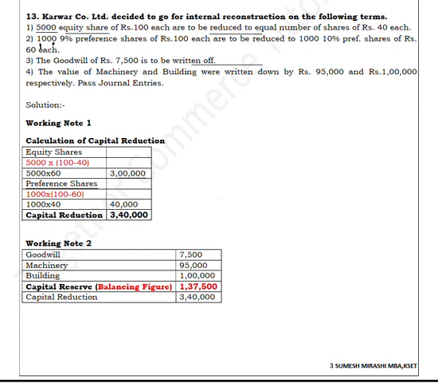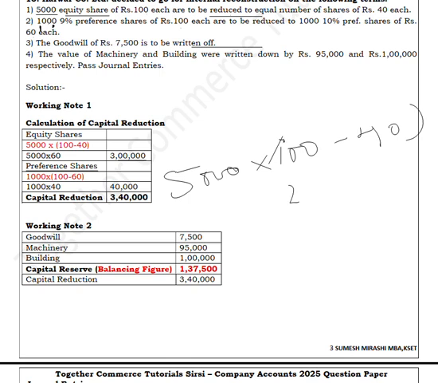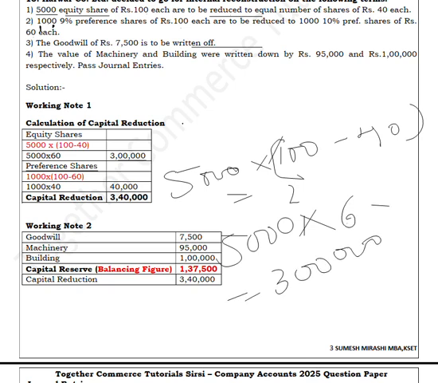The amount is to be calculated like this. 5,000 equity shares, 100 is the face value, and which are to be reduced to 40. So that will become 5,000 into 60, so that will become 3 lakh. That is what is written here, 3 lakh.